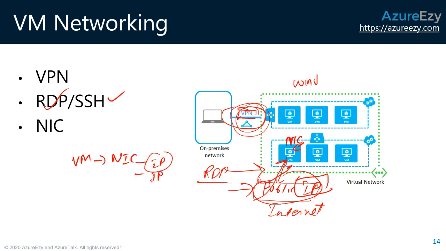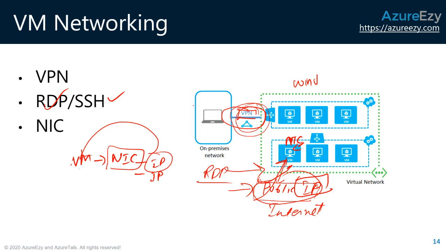IPs are not directly part of the VM. The VM gets connected with the IP using this NIC card, the network interface card, very much similar to what you have on your laptop or desktop. On your laptop it is a hardware network interface card, but in Azure it is a virtual network interface card, which acts as a bridge between the IP and the actual virtual machine.